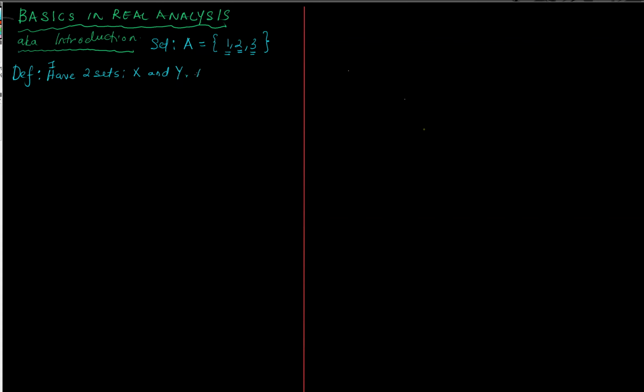So we will say that the set X, so you have curly braces with elements in it, is equal to set Y, which can be written as X equals Y, if and only if.